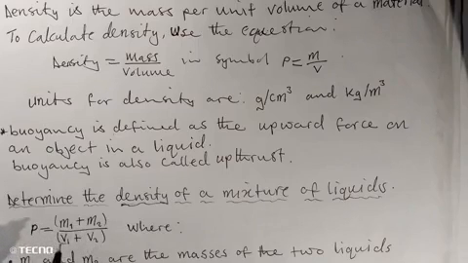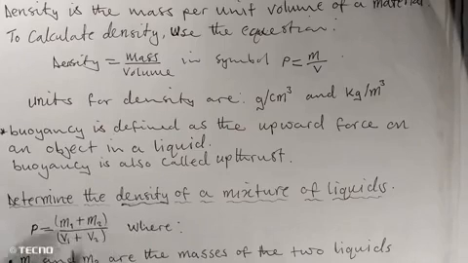Since we are talking of a mixture, you need to add the masses of the two liquids, so we have M1 plus M2. M1 represents one mass, and M2 represents another mass. So you need to add them. Then you also need to add their volumes. Then you simplify.